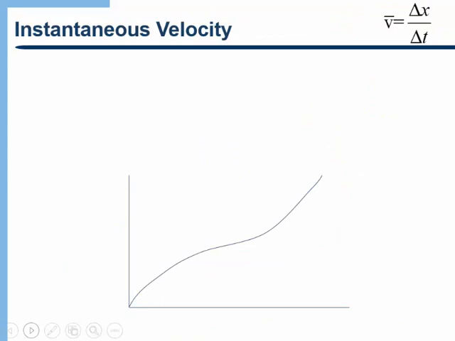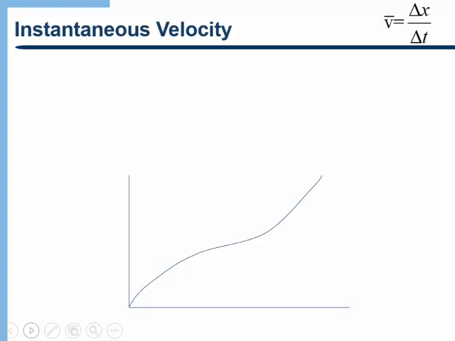Now that we've defined average velocity, we want to define something new called instantaneous velocity. The first thing that you want to understand about this is a weird concept, and it's an important concept. This, in fact, is where calculus comes from. So let's see why it's a weird concept.